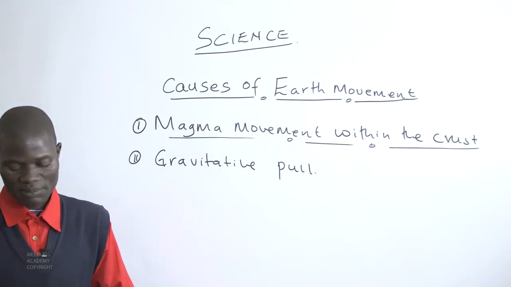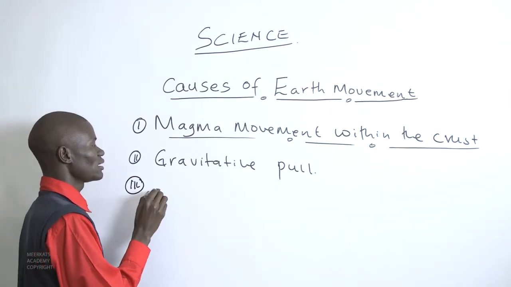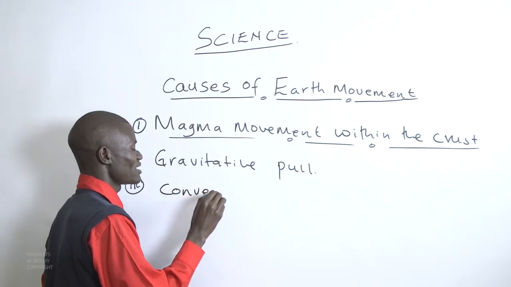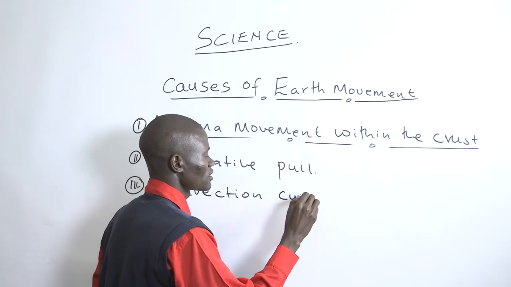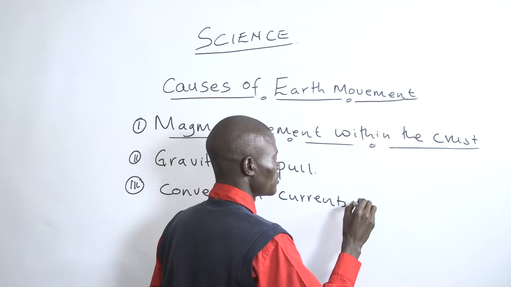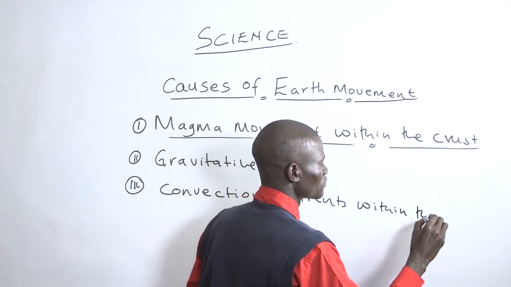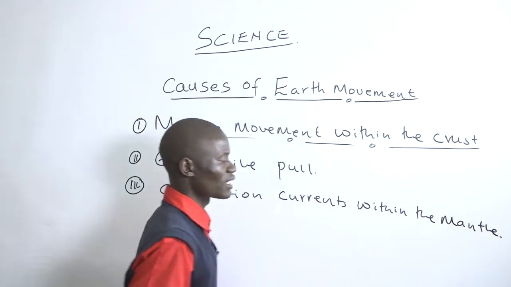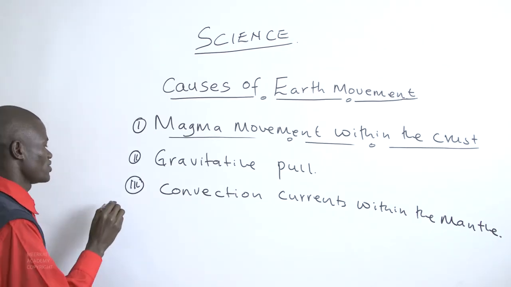The third cause is the convectional currents within the mantle, and also isostatic adjustment.